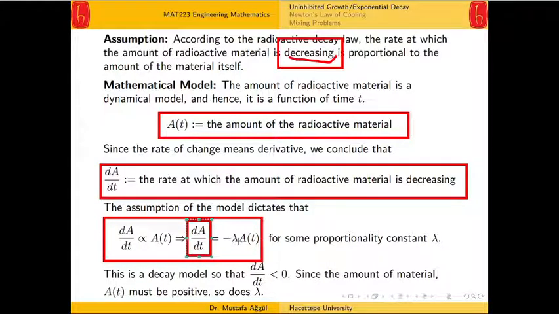If lambda is positive, then we have to have some negative number here to make sure we model a decreasing process. So this is a decay model, so lambda is positive and we have a negative sign here to make sure people understand this is really a decreasing model.